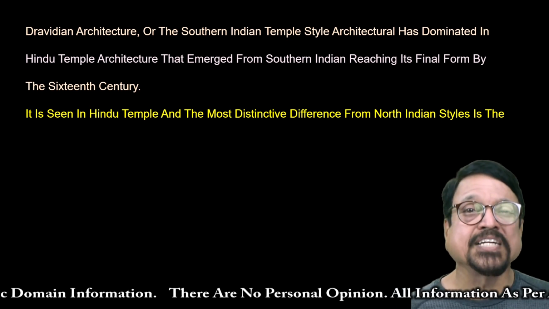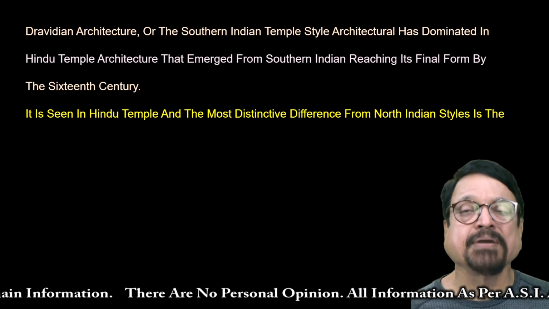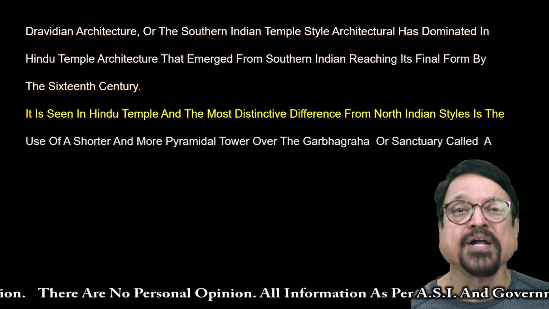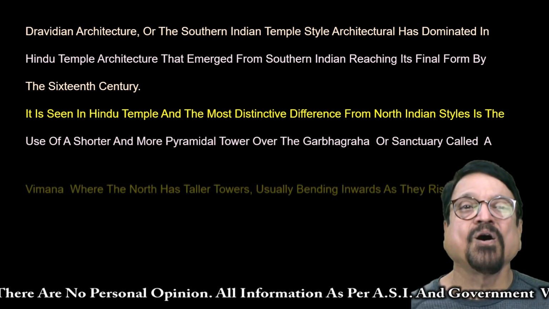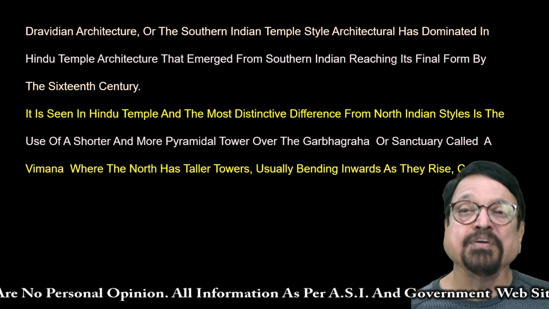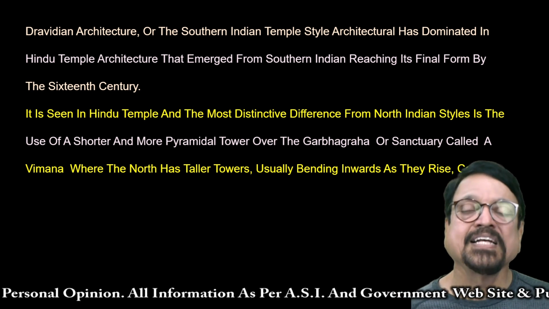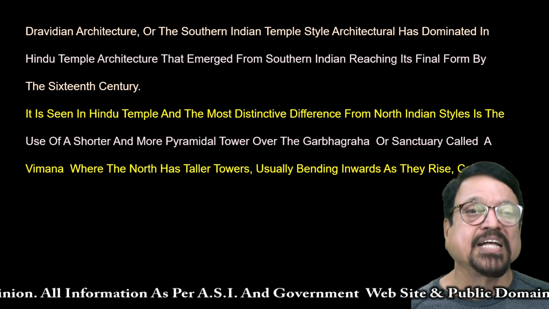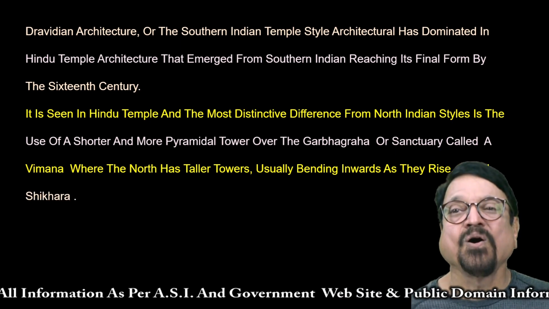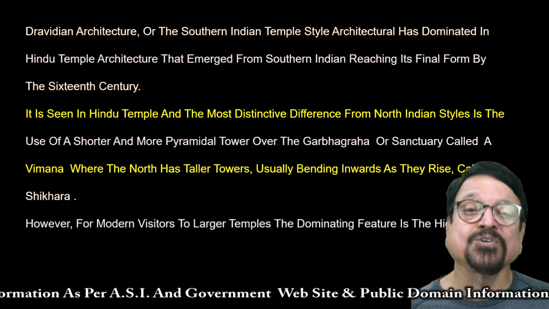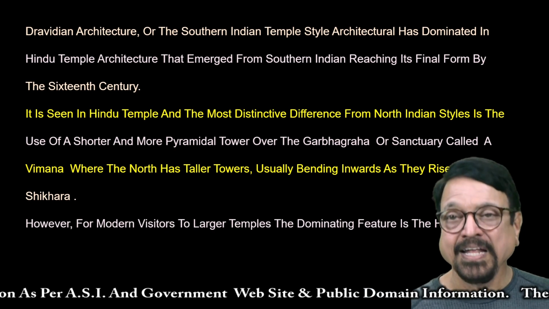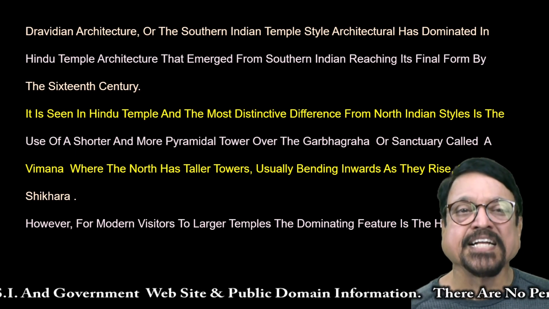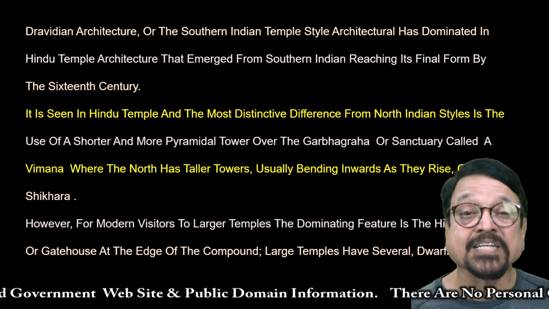The most distinctive difference from the North Indian temple is the use of a shorter and more pyramidal tower over the Garbhagriha or sanctum, that is called Vimana in south, and in north it is a tall tower usually curving inwards with a rise called Shikhara, and at the top there will be Kalasha. However, for a modern visitor to the larger temple, the dominating feature is the high Gopuram, which is not seen in Nagara.